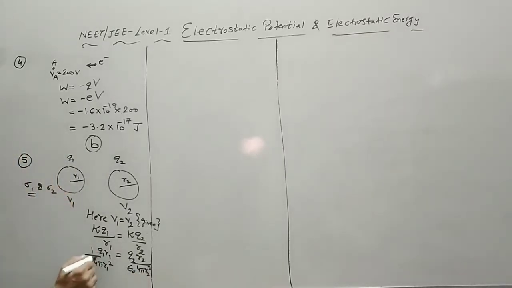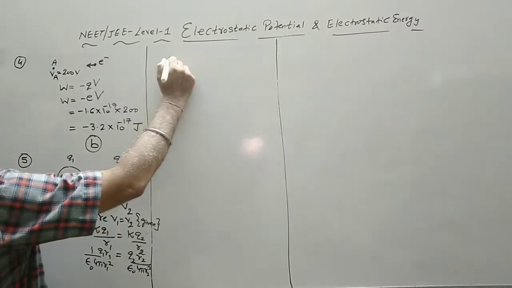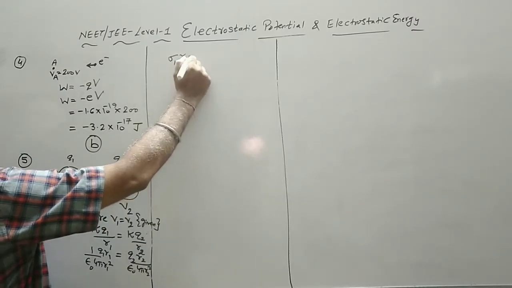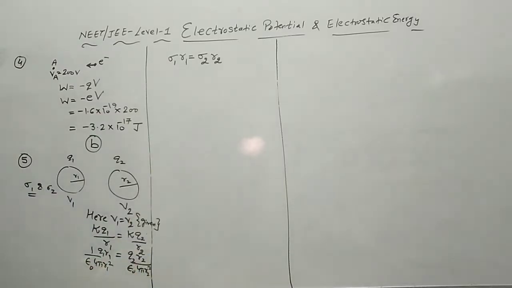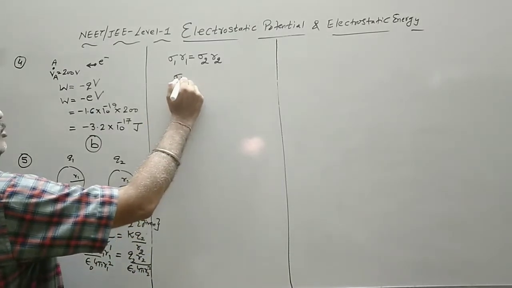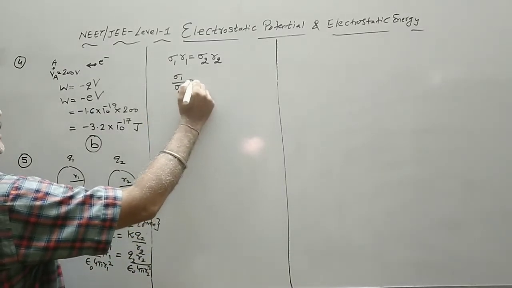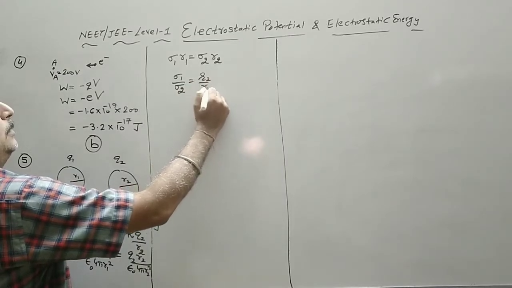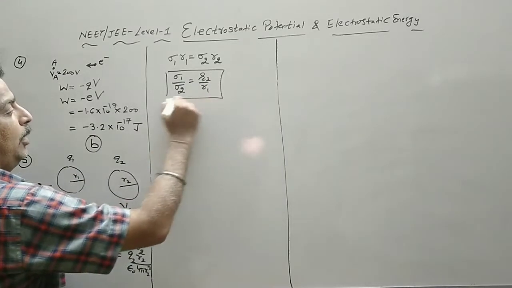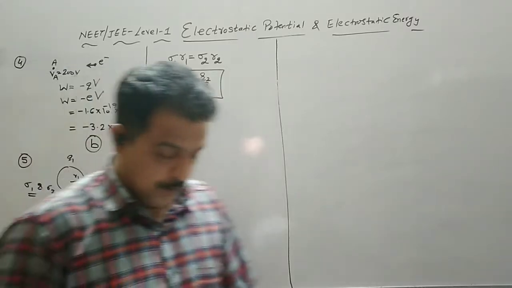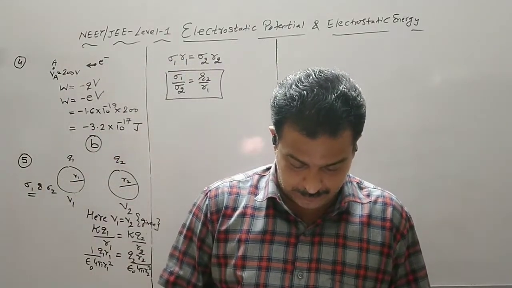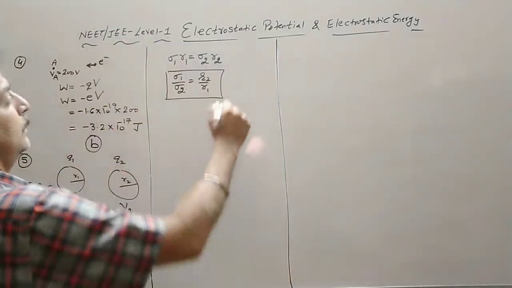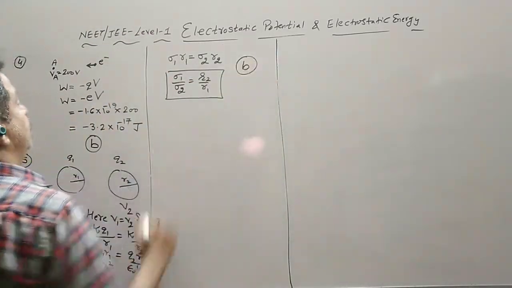Now clearly charge upon area is sigma. So that is sigma 1 r1 is equal to sigma 2 r2, epsilon is cancelled. So the ratio of their surface charge density is inversely proportional to the radius. So if we see, the option is B.